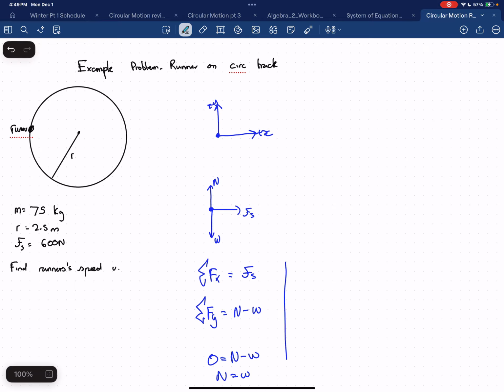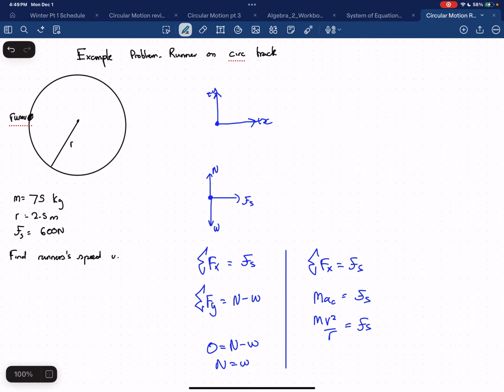And then with F of x, which is fs, here I have an acceleration. I have a net force going on. So F of x is going to be equal to MAC. So it's going to be fs. What's AC? AC is v squared over r. So m v squared over r is equal to fs. Now I can just algebraically solve for the speed.